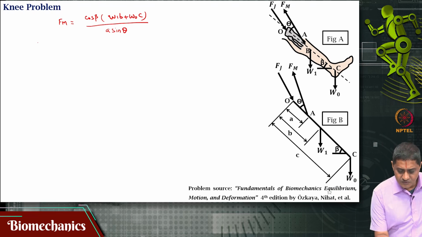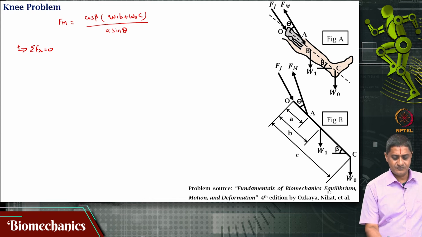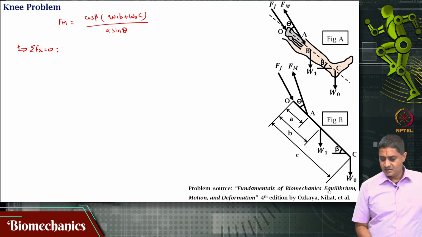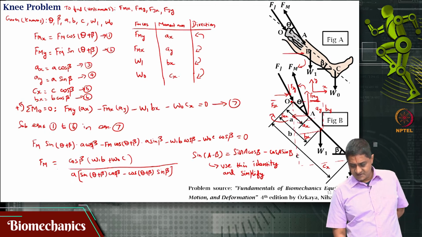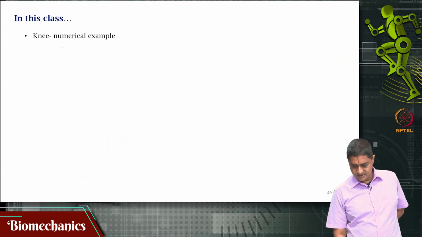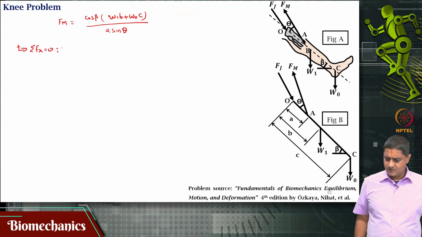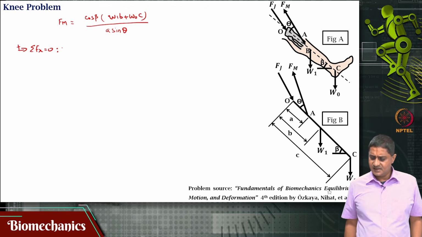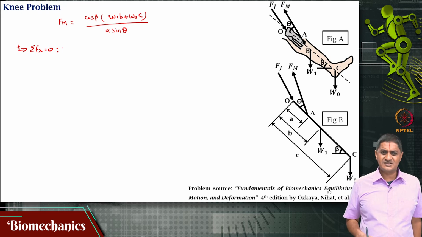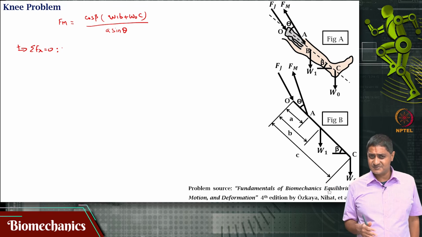Well, I can use sigma Fx equal to 0, the right side going positive. From the previous slide, what are all the forces in the x direction? There are only two forces in the x direction, Fjx and Fmx. W1, W0 are all in the y direction.